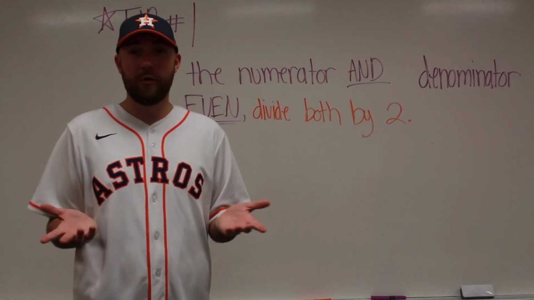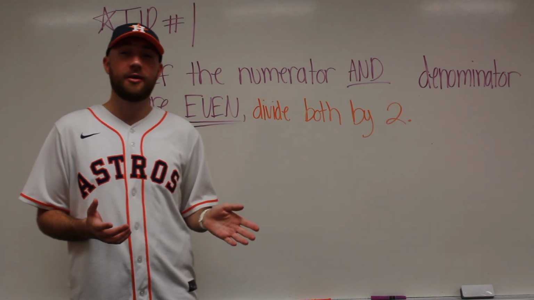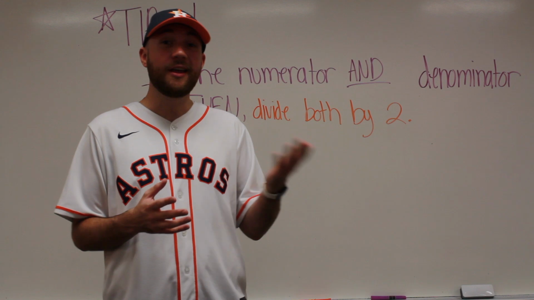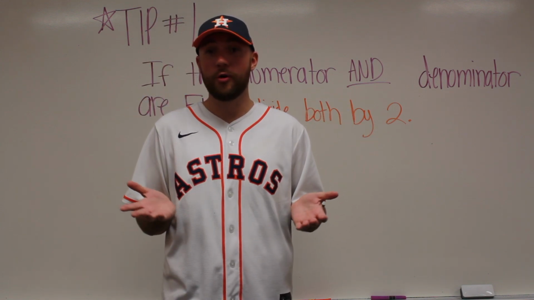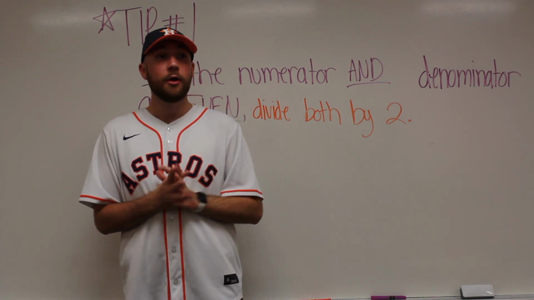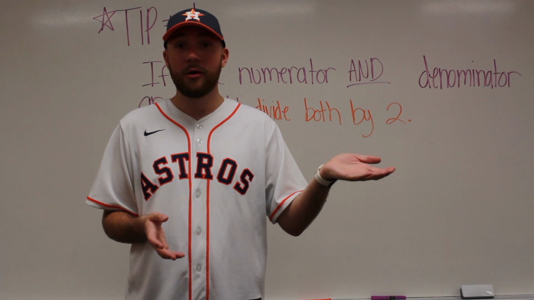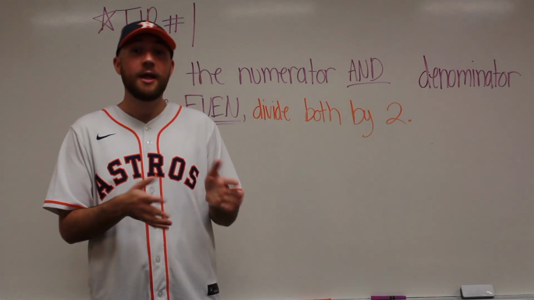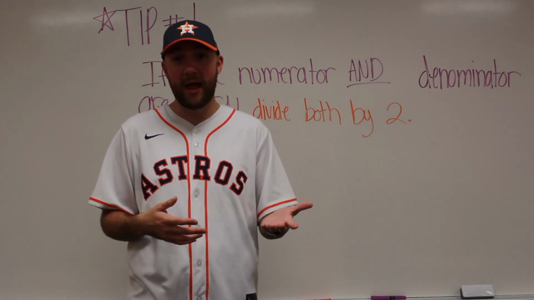Okay, so I'm about to go over a couple of tips and tricks, but before I do that, I forgot to explain what simplifying fractions really is. So basically it's taking a fraction that you're already given and making it into its simplest form. For example, if I had the fraction 50 over 100, it could be 50 100ths, but if we simplify it, what's more understandable is 1/2, right?